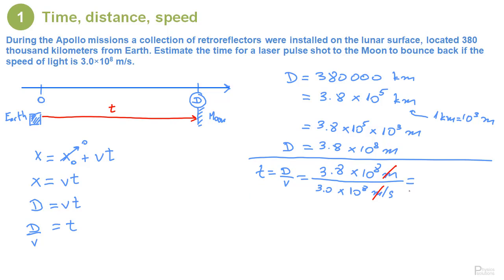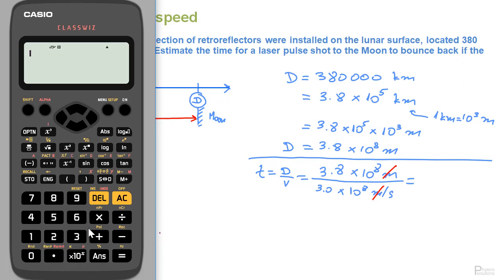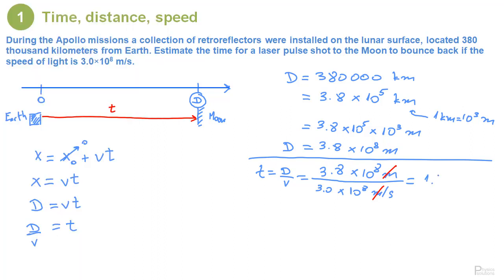And the value we find here, we can get it in our calculator. We have 3.8 times 10 to the 8th divided by 3.0 times 10 to the 8th. This is 1.3 seconds.